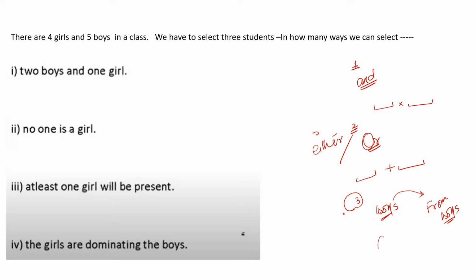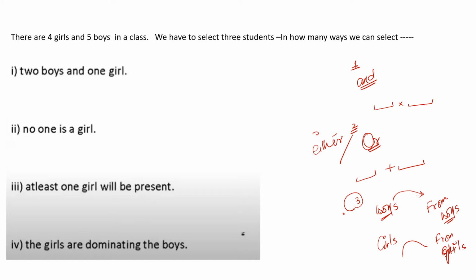Or if they are asking you to select the girls, then you have to select the girls from the girls, not from the boys or from all students. So selection of the boys is not possible from the girls. It has to be done from the boys. Selection of the girls has to be done from the girls.